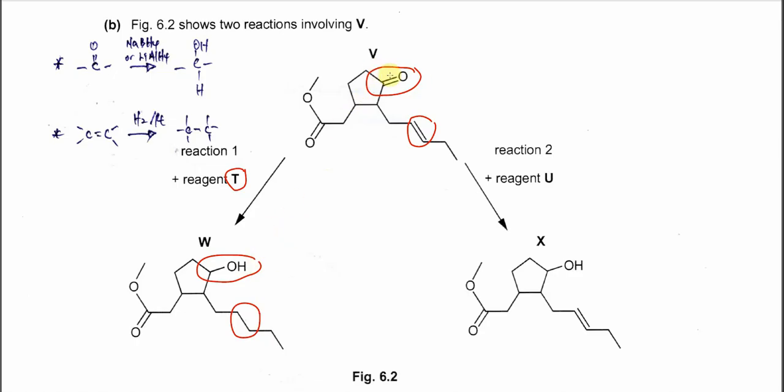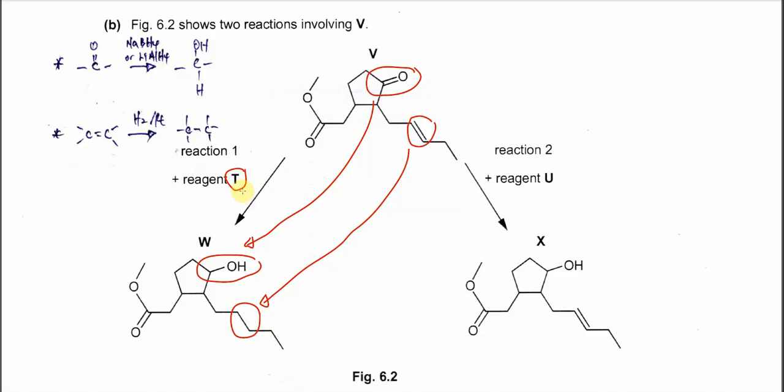So this ketone, okay, now 2 hydrogens are added to it, to form this secondary alcohol. And this CC double bond, or this alkene, also adds 2 hydrogens. So we know that when hydrogens are added to a compound, it undergoes reduction.